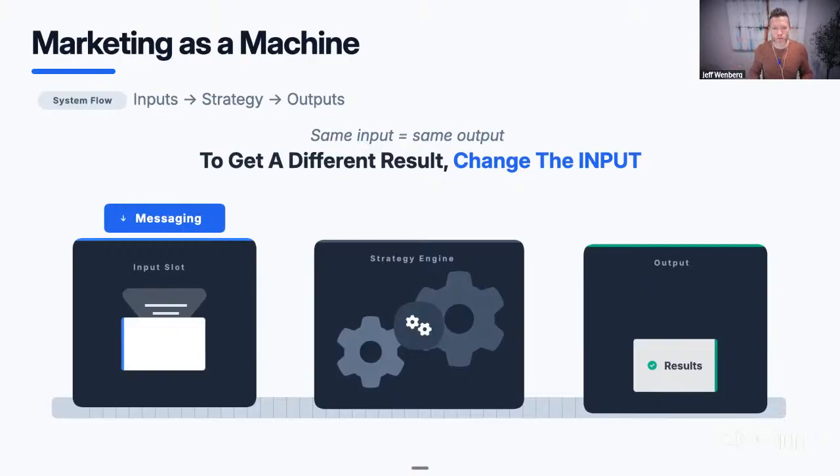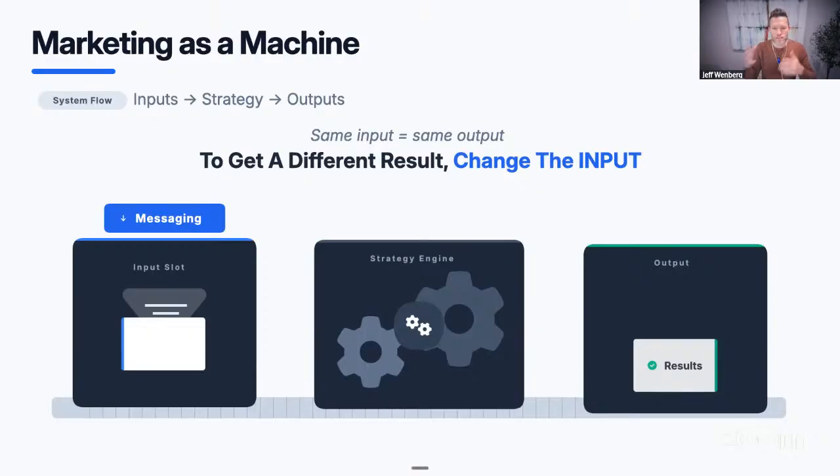Because really, a marketing machine is you put something in the top, it goes through the machine, and then you get some kind of output at the end. And if you keep putting the same thing in, you're going to keep getting the same thing out. Yes, it might be mildly different if you change how it's processed in the middle, but it's still going to be mostly the same. So if you want to get a different result, you have to change the input.